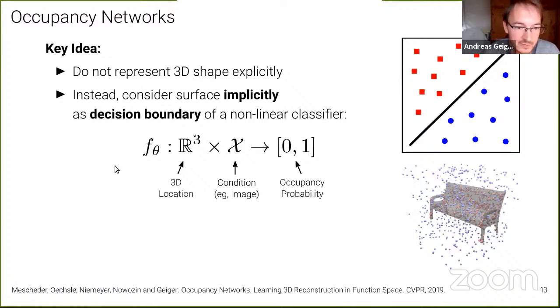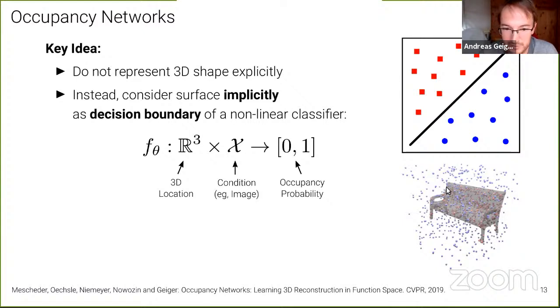So here we have a classifier f theta, with parameters theta, that predicts from a 3D location and a condition, that could be an image for which we want to predict a 3D structure, an occupancy probability that corresponds to that 3D location. So here's an example on the right, in 2D and in 3D. Let's look at this 3D example here on the bottom. You can see this bench here.